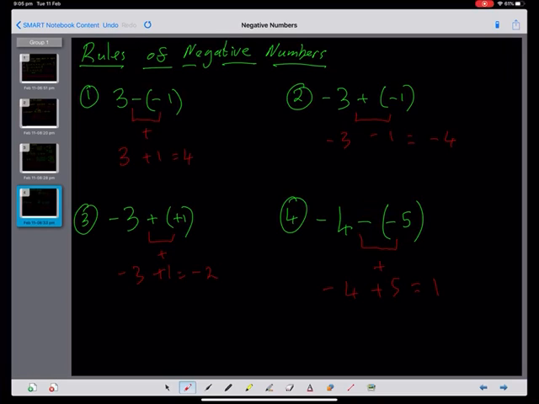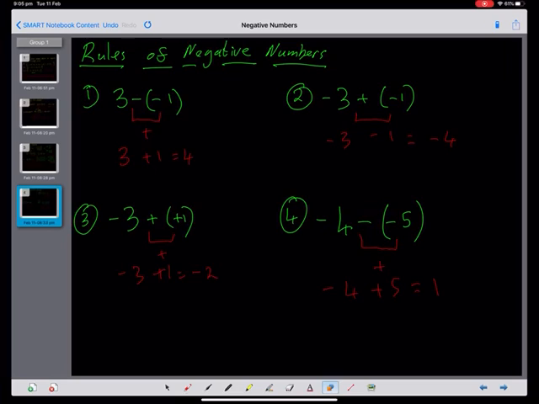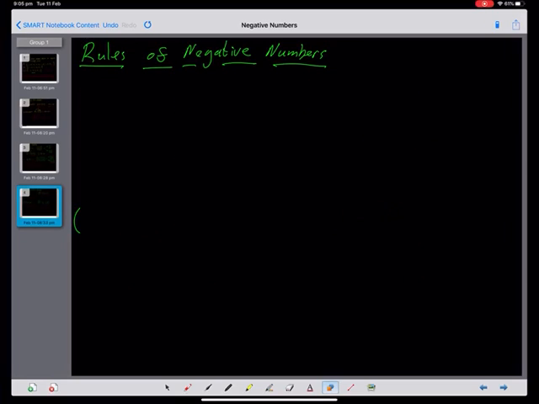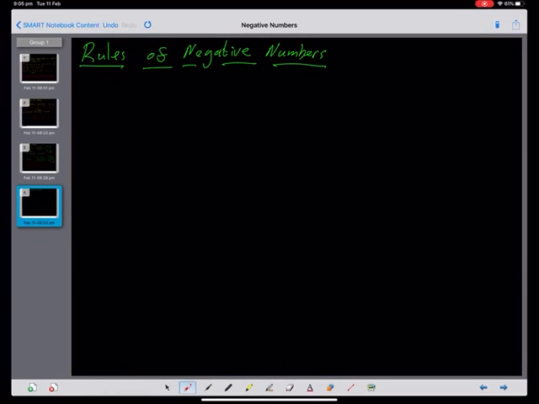Okay, so let's have a look at some more examples. Let's try division and multiplication. Let's use red this time. And you can pause the video. Let's do -3 times 2, -2 times -3.